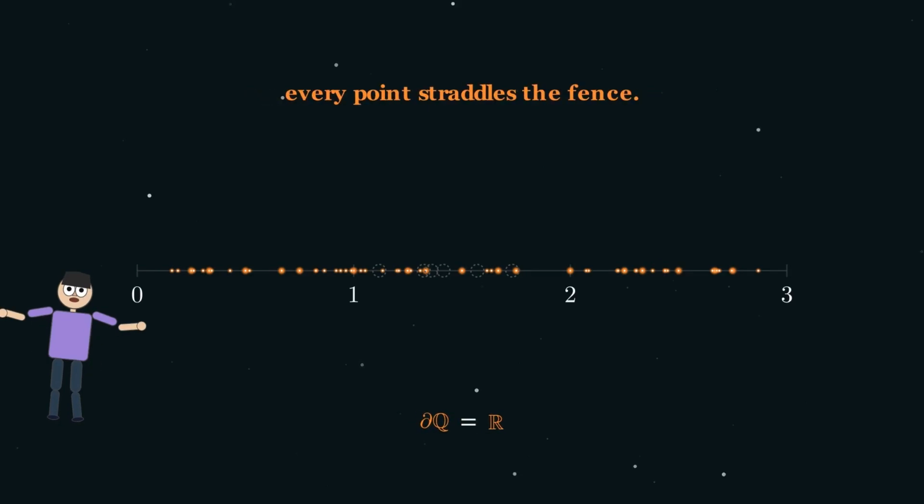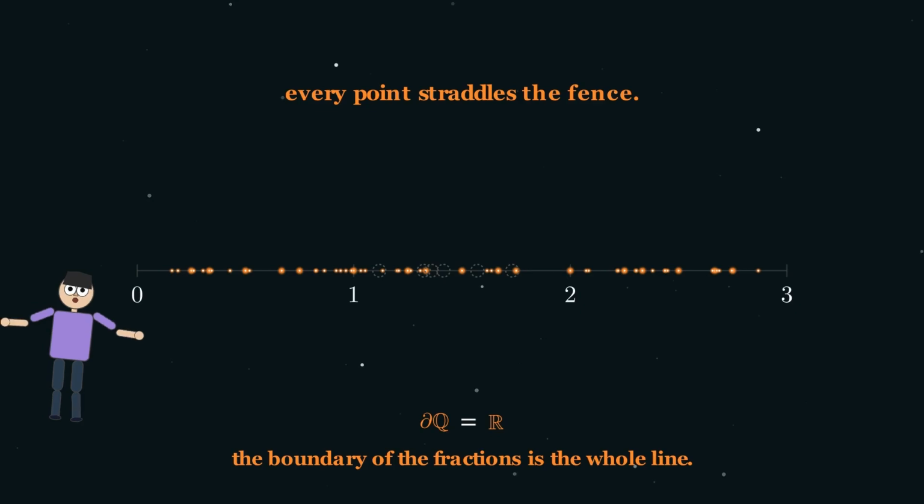Every number on it, without exception, is a boundary point of the fractions. The boundary of the fractions is the entire number line. The fractions have no roomy inside at all. They are pure edge. Every last point of them sits on the boundary.